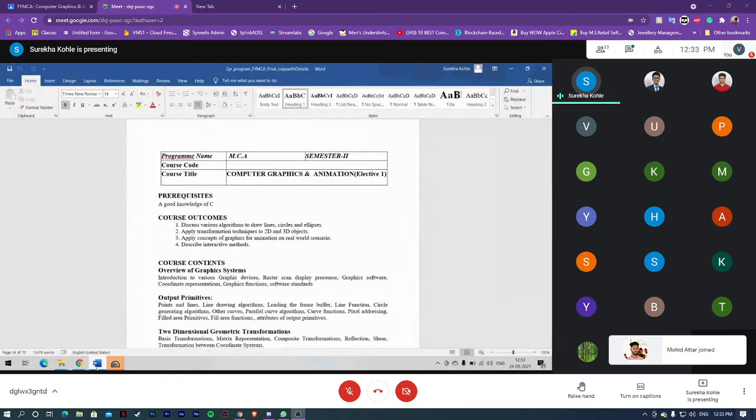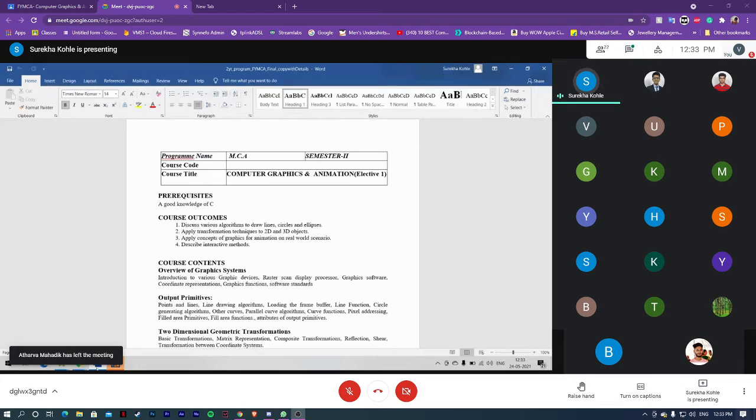Okay, so as you know, this is the elective one subject, and these are the course outcomes. We are going to cover different types of algorithms, how we are going to draw lines, circles, ellipses, and so on, the different types of shapes.